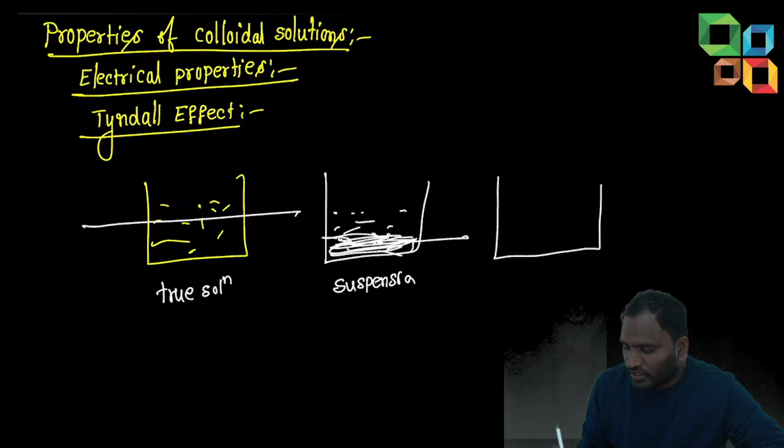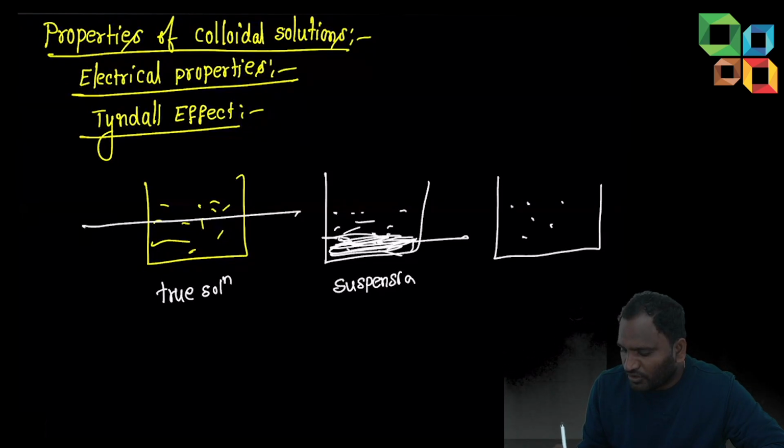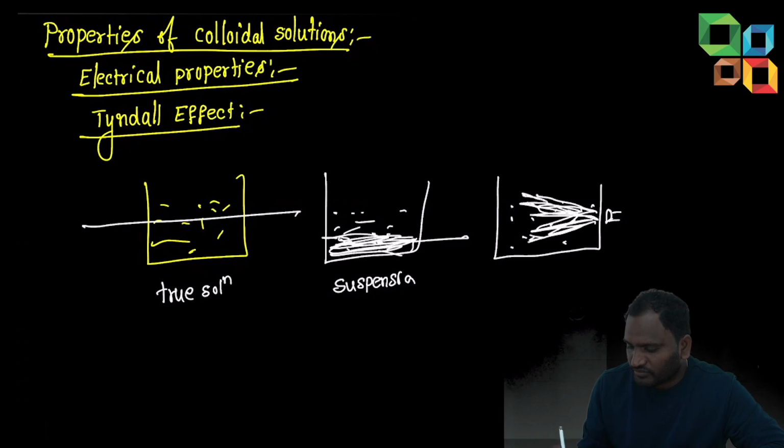Here, colloidal particles are big enough to scatter the light. When light is passed through colloidal particles, they scatter it and illuminate it in all directions.